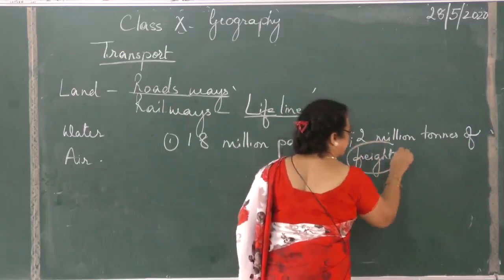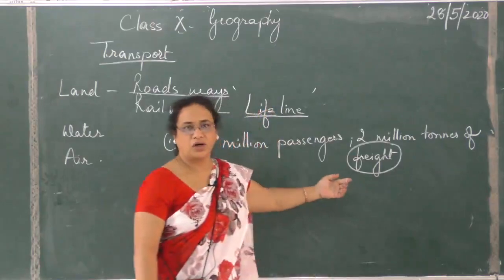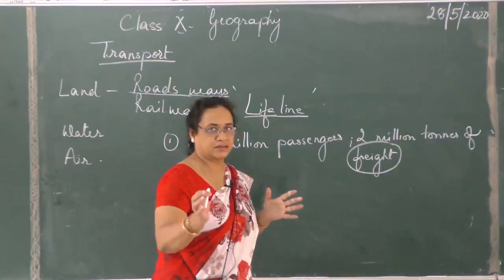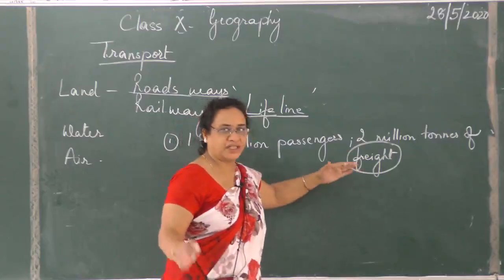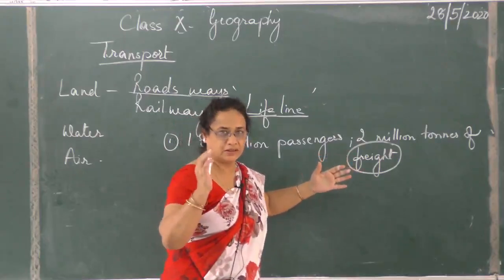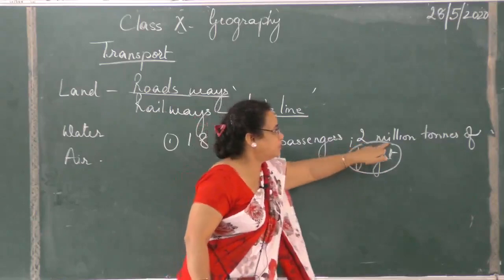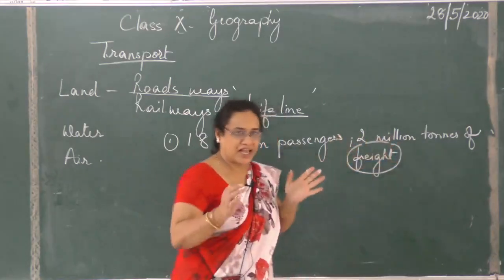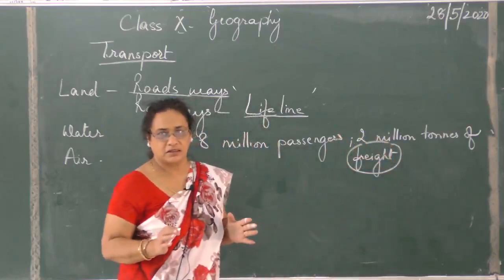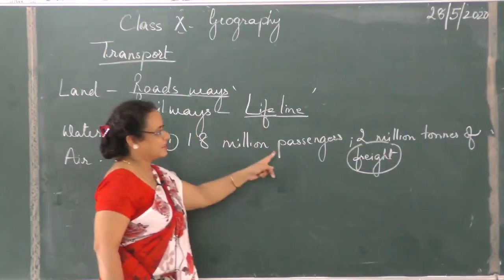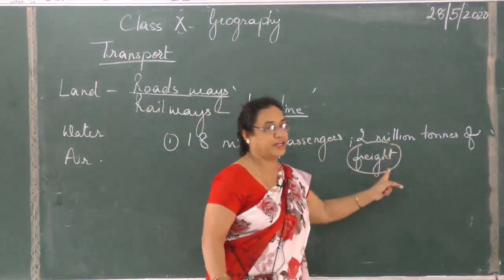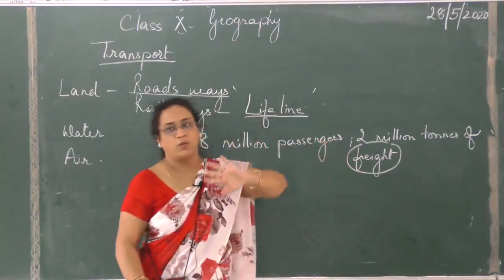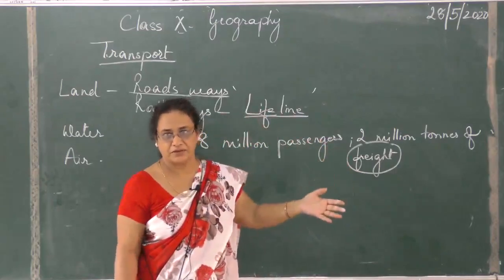The word freight means goods or commodities, any type of materials being transported in large amounts, in bulk. Okay, so this is 2 million tons. Now this data you may remember because it adds weight to your answers. Right? So 18 million passengers and 2 million tons of freight every day the railways are transporting from one part to another part of the country.